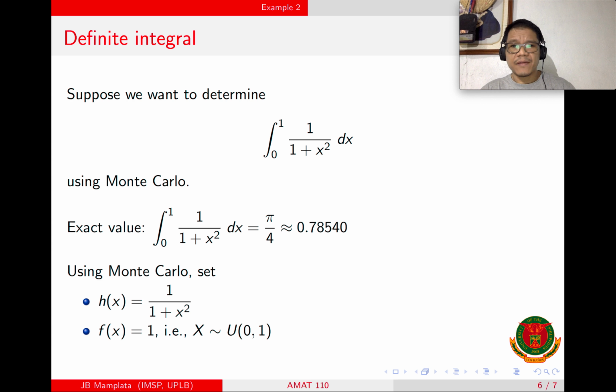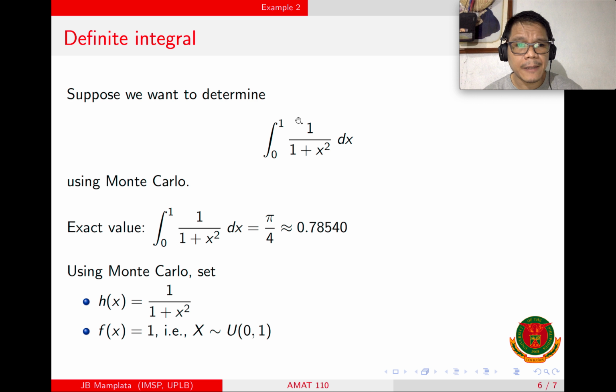So kung ang f of x natin ay equal to 1, or ang probability density function natin ay constant lamang na equal to 1, this will imply that the random variable being considered is uniform over the interval 0 to 1.